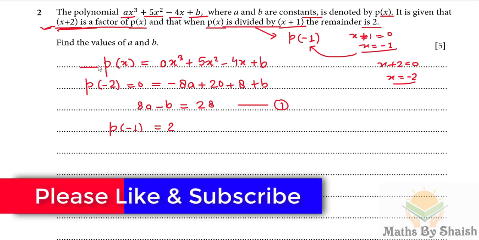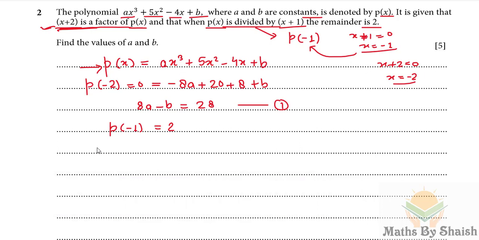From p(x) we get p of minus 1 by replacing x by minus 1: minus a plus 5 plus 4 plus b equals 2. From here, I'll take the 5 plus 4, which is 9, to this side, and a to that side. We get 9 minus 2, that is 7, equals a minus b, and that's equation 2.